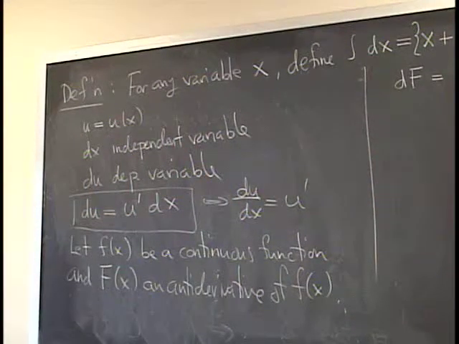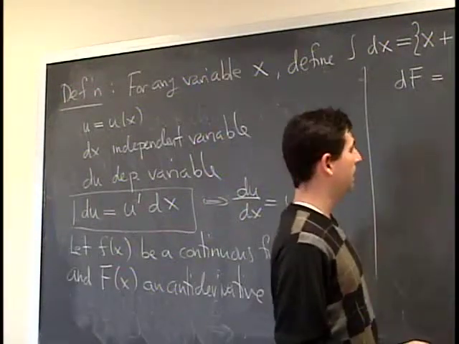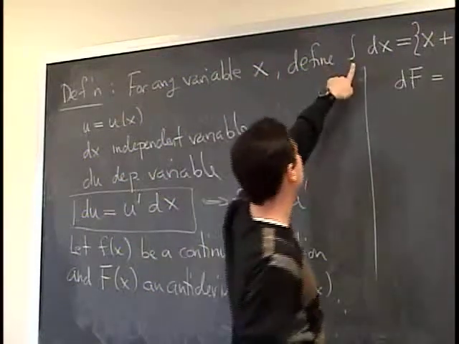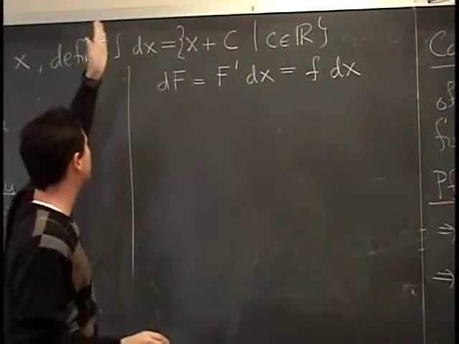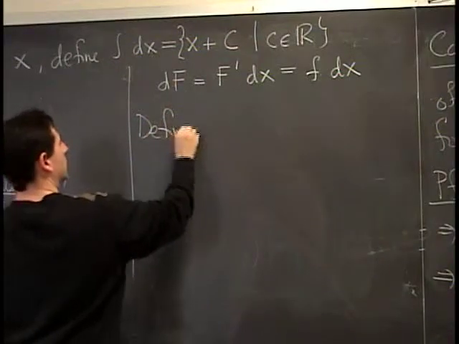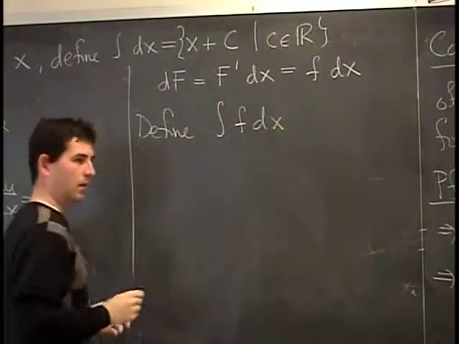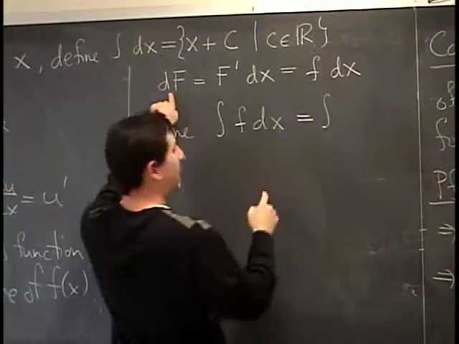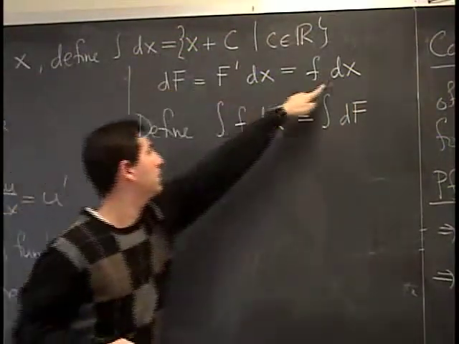Okay? Now, let's say I want to define, right here, I just have the integral of dx. What if instead of the integral of dx, I want to define the integral of some function times dx? Well, it should be the same as the integral of dF, because these are equal.